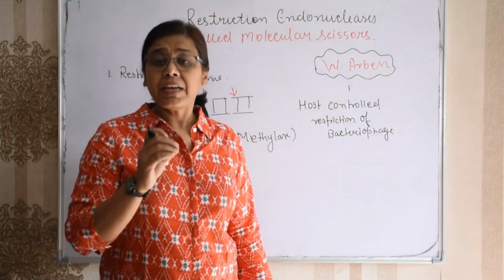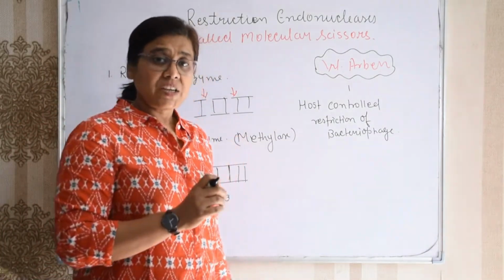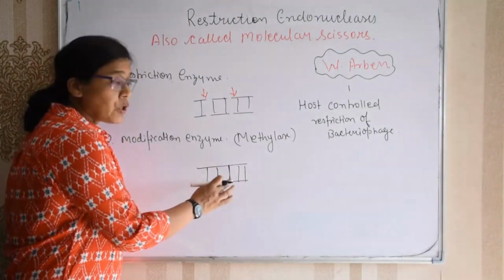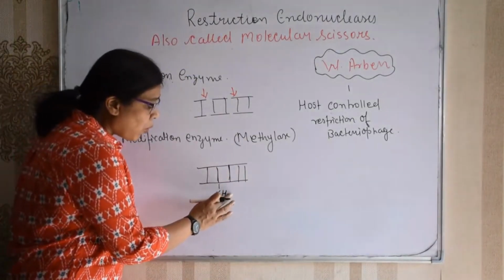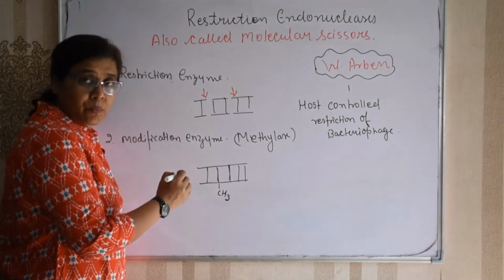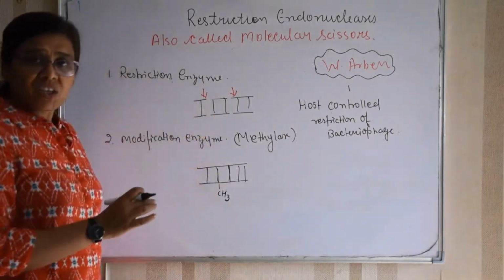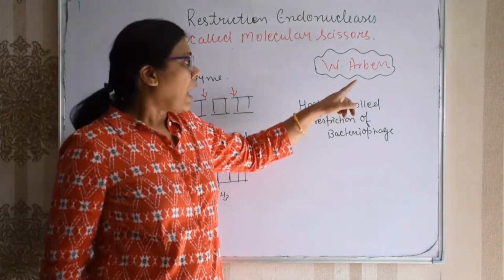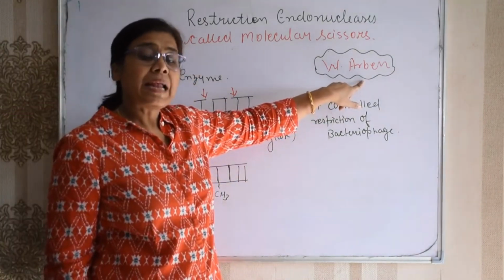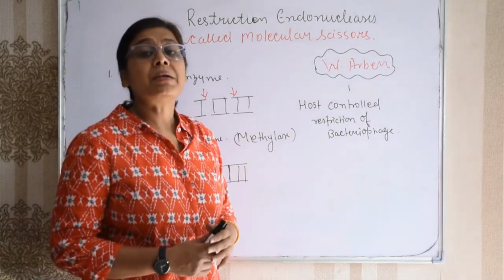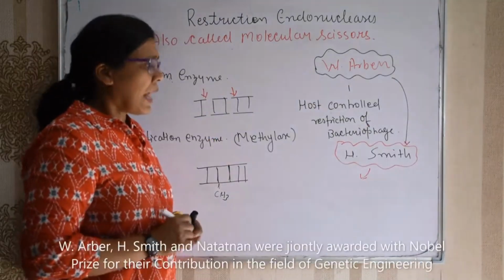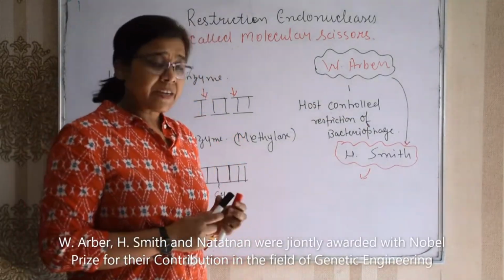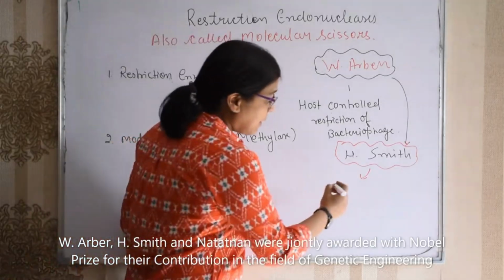Just to prevent cleavage by the restriction enzyme, certain nucleotides get bonded with the methyl group, and so the restriction enzyme fails to recognize the same sequence. Arber's hypothesis was later verified by Hamilton Smith, and it was applied in genetics by Nathans.